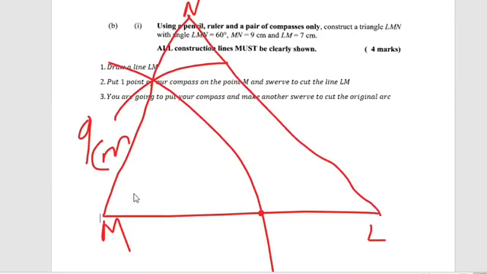And what we know is that right here that we just constructed is 60 degrees. And that is what our triangle LMN will look like, with an angle of 60 degrees.